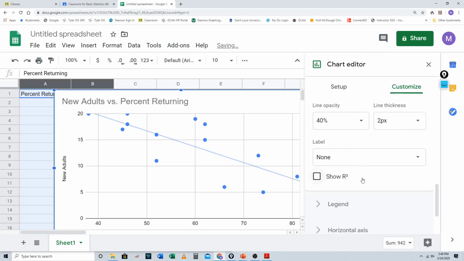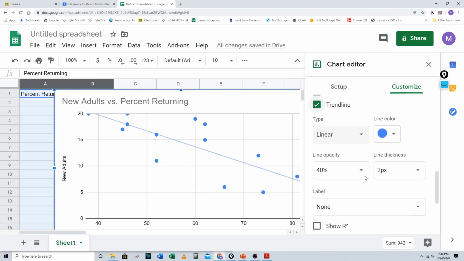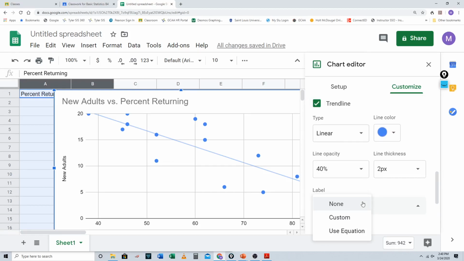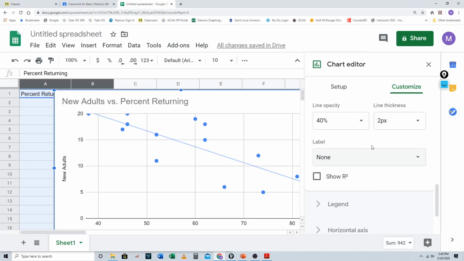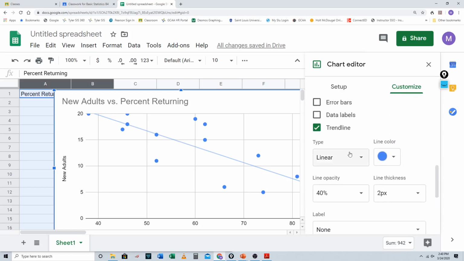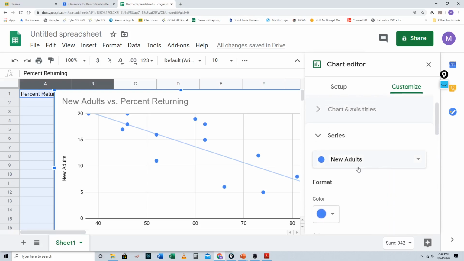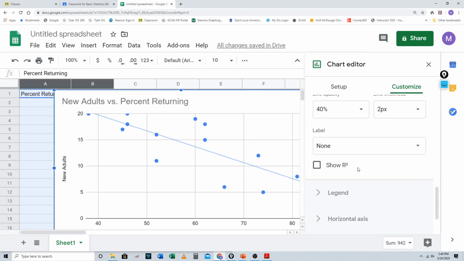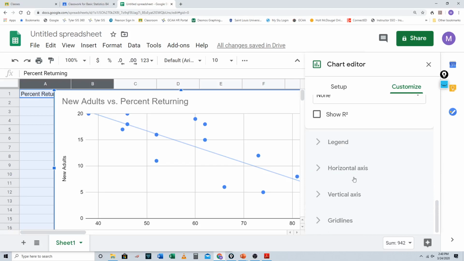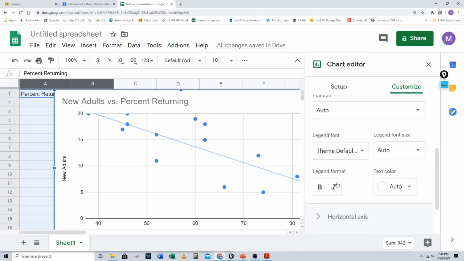On the trend line, we want to, where is it?